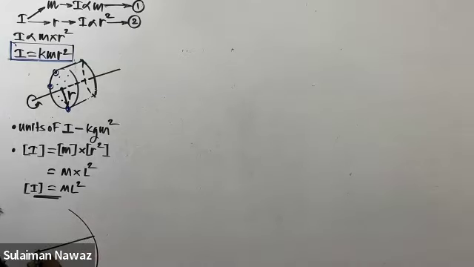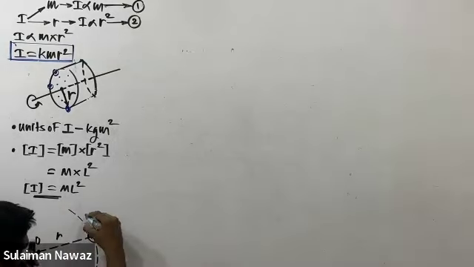From the point of rotation, this is the radius simple r. If I mark the point mass simple limb, it's rotating in clockwise or anti-clockwise, it's up to you.